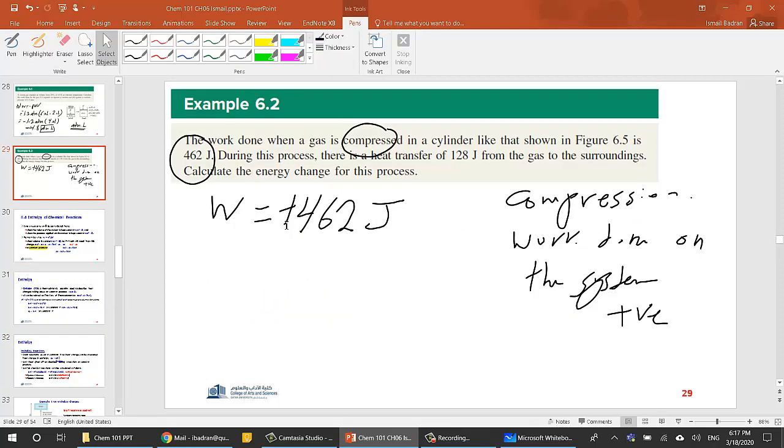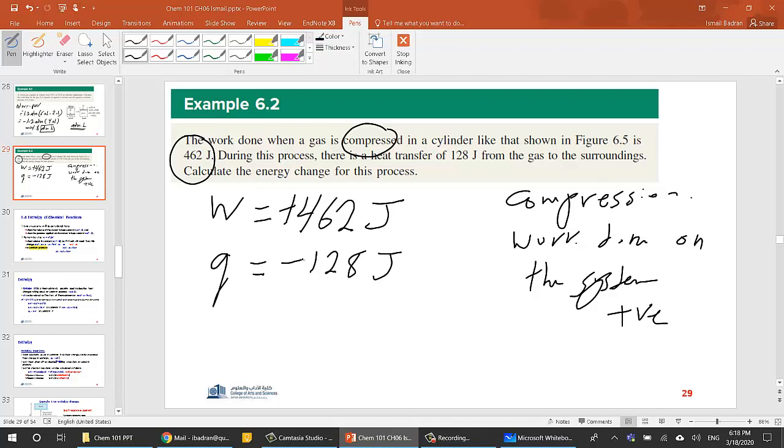Now, there is also a heat transfer of 128 joules from the gas to the surroundings. So Q here, and I guess you know where I'm going with this, is 128 joules, but this is negative. Why? I changed it to negative because this is heat transferring from the gas, from the system, to the surroundings, and it's exothermic.